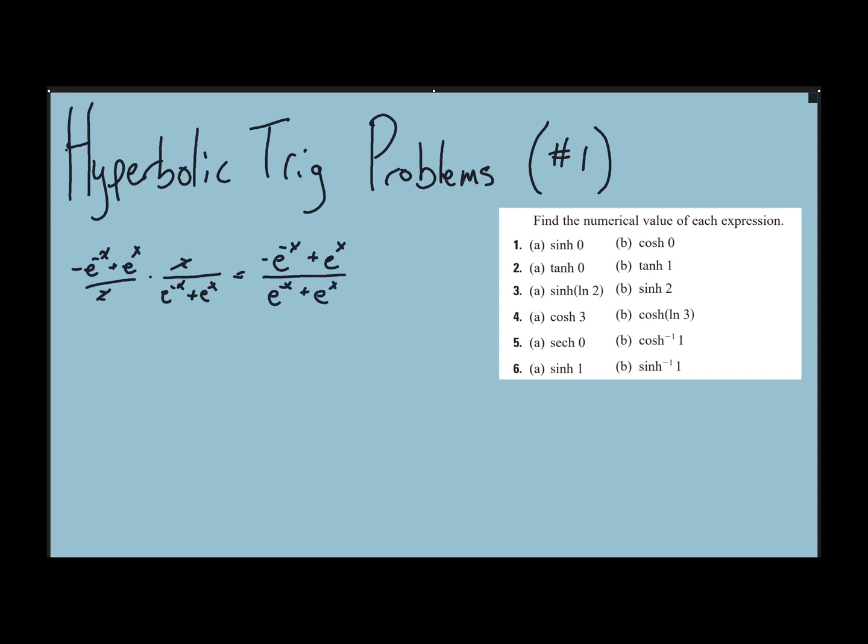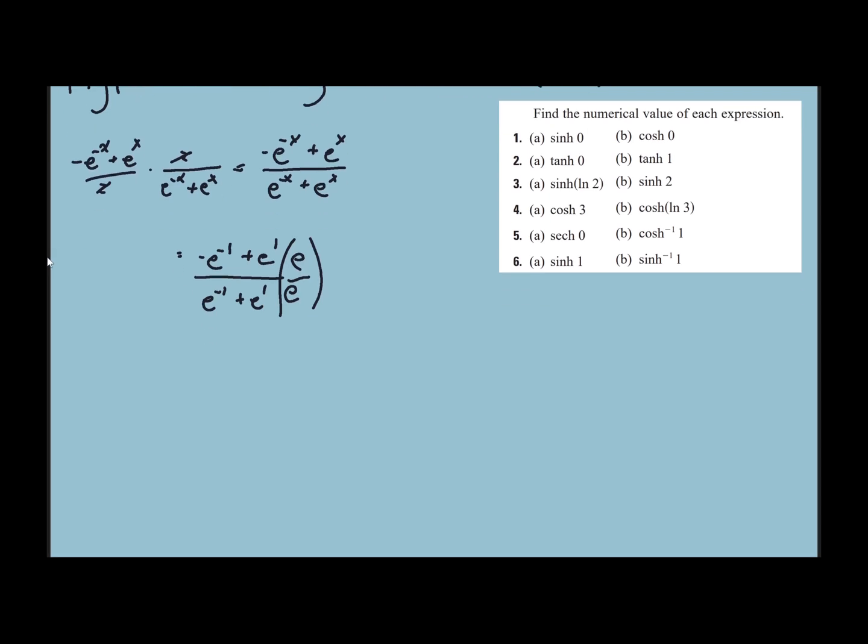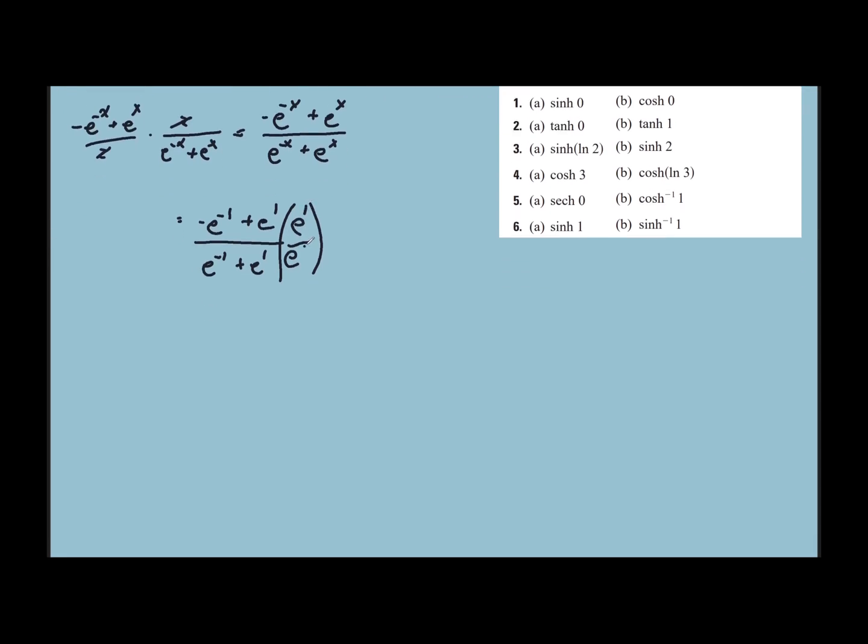And from there, can we just plug it in and see what we get? That would be negative e to the negative 1 plus e to the 1 over e to the negative 1 plus e to the 1. Is that something we can work with? It might be easier to multiply top and bottom by e over e. And of course, e is e to the 1.